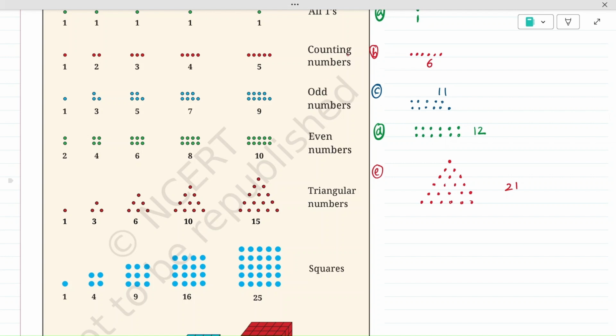Okay. Now, next we have squares. So squares are 1 square, 2 square, 3 square, 4 square, 5 square. So next will be 6 square, and 6 square is 36.